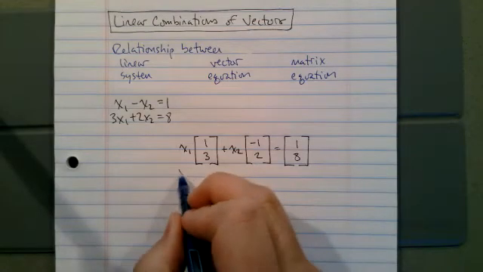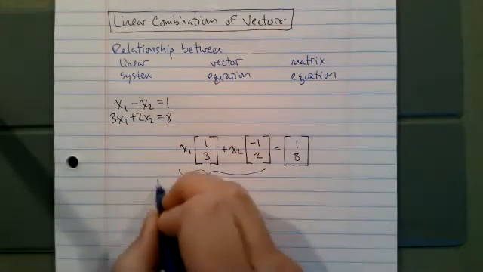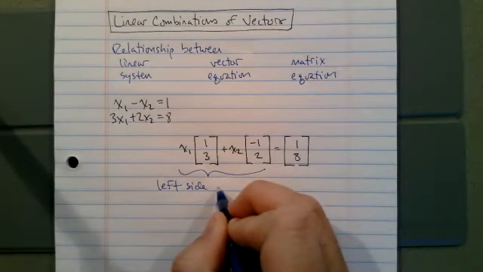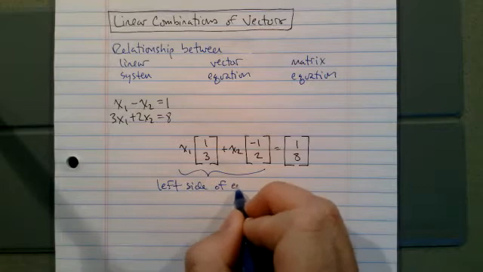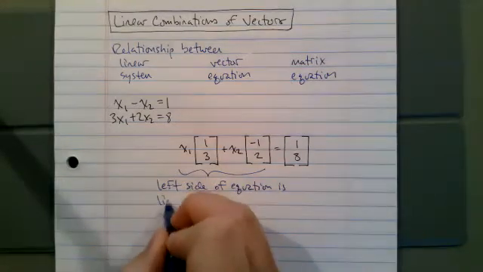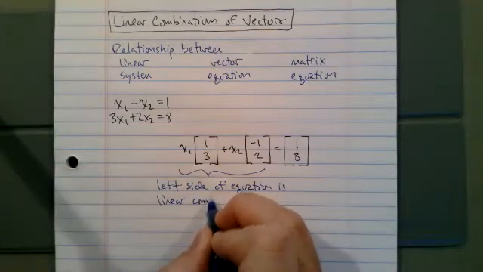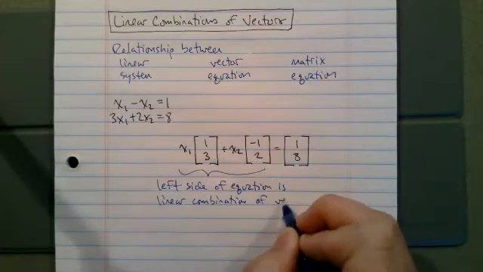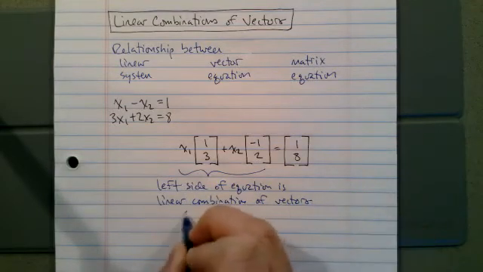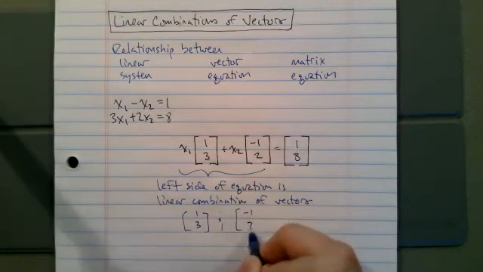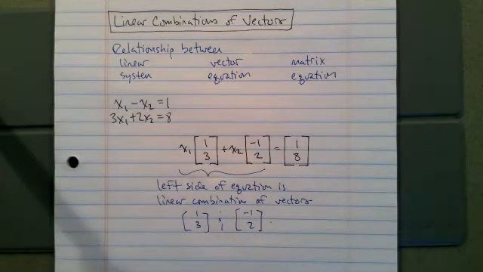So this left side of the equation is a linear combination of the vectors 1, 3 and negative 1, 2, and we write vectors as columns.